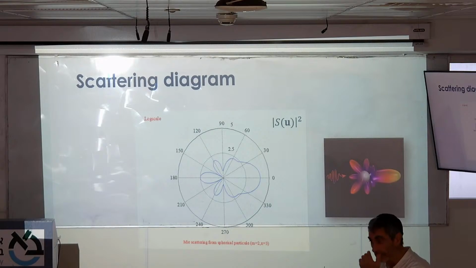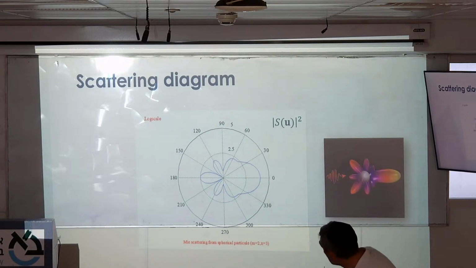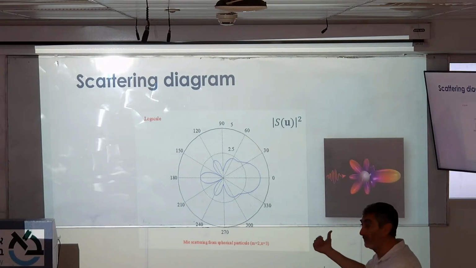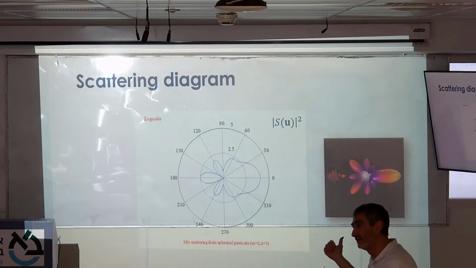But this is like a probability function of the electric field direction after it. So the highest probability is the zero direction, in the direction of incidence.